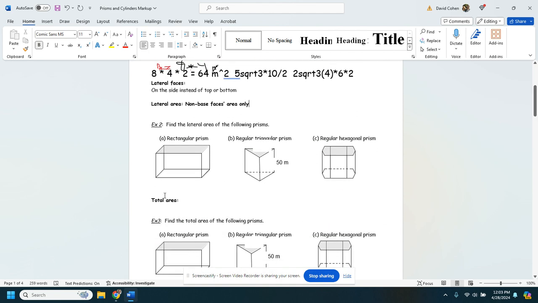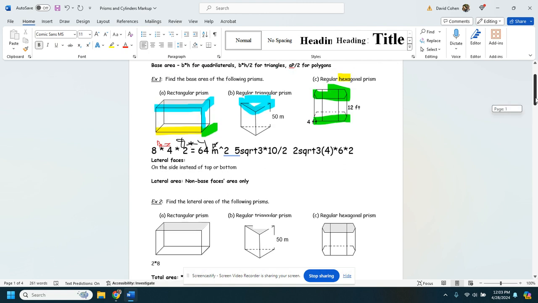To find those lateral areas, we're looking at 2 times 8 times 5 for the first one. And so we have above here an 8, and a 2. 8, 5, and 4 should be on your paper.